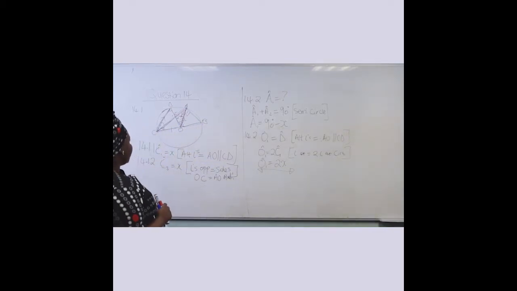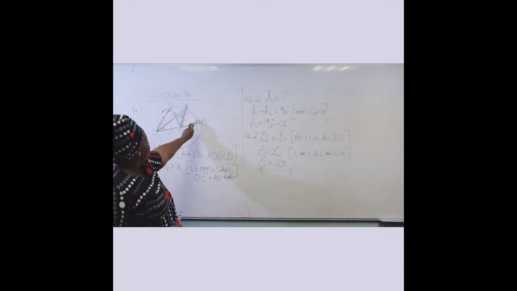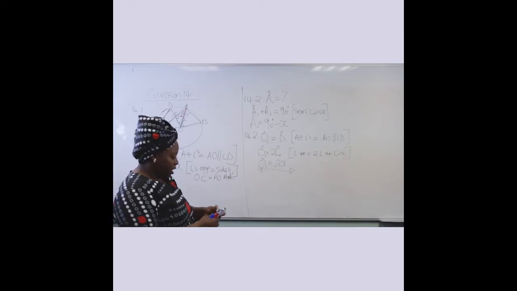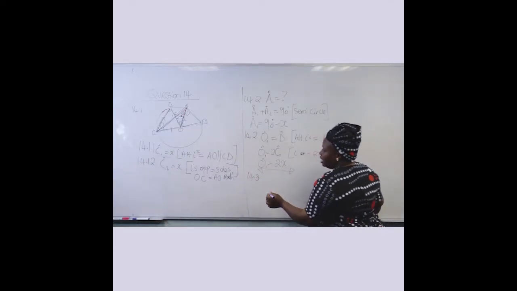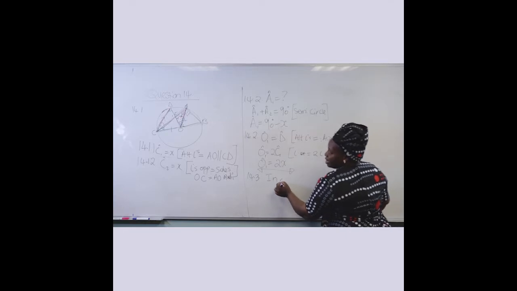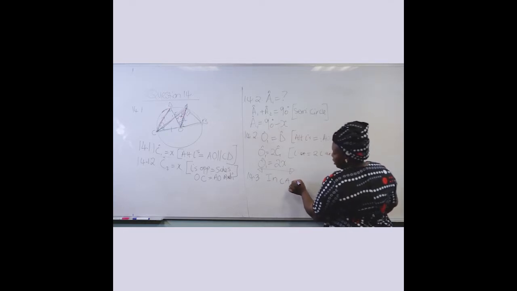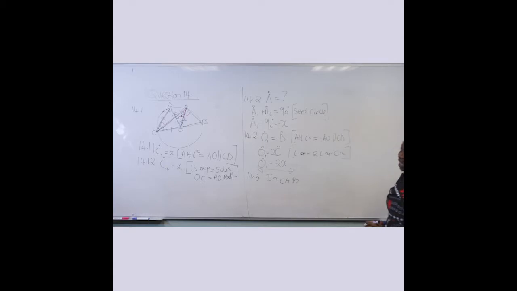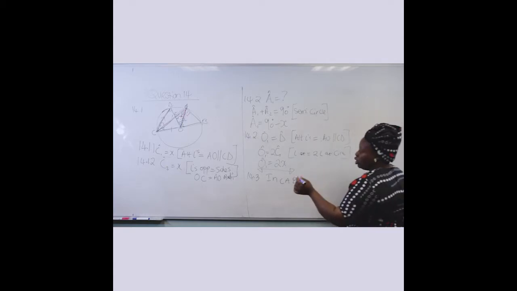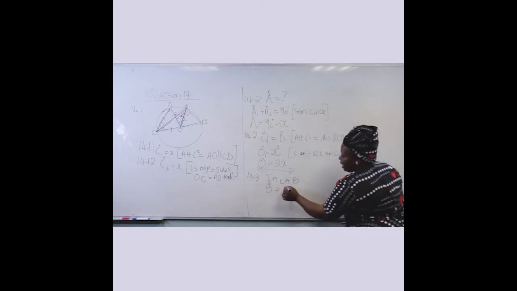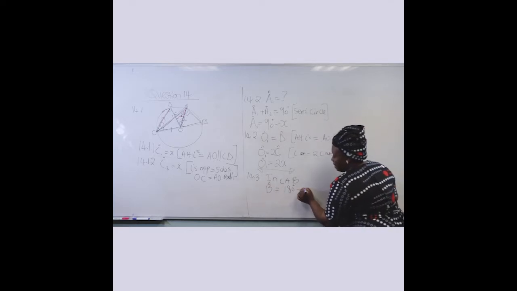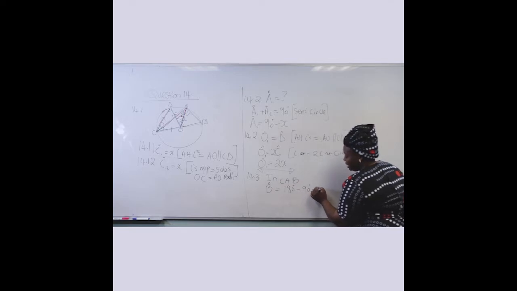If we look at that triangle, we can find angle B. Let's write it so that it's simpler to understand. 14.3, let's look at the triangle CAB, whereby angle A is 90, angle C2 is x. So it means that angle B will be equal to 180 degrees minus 90 minus x.